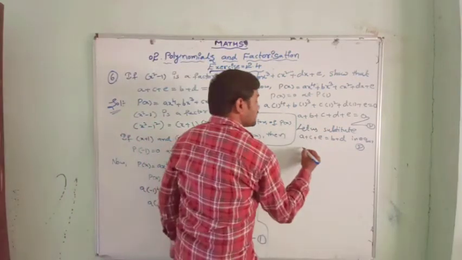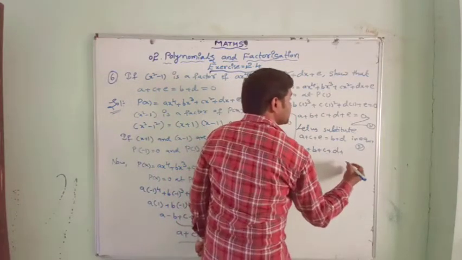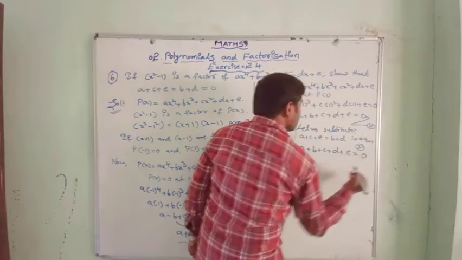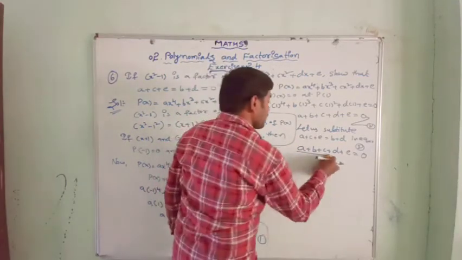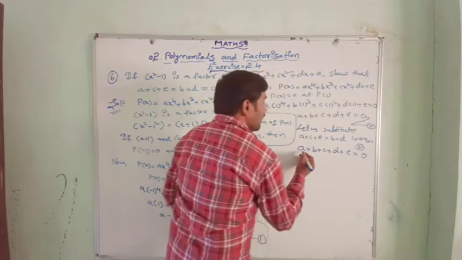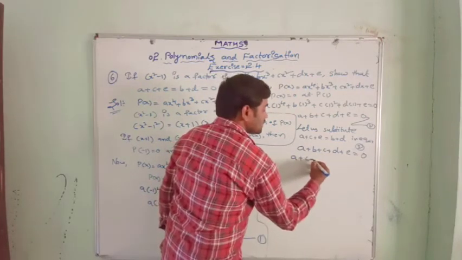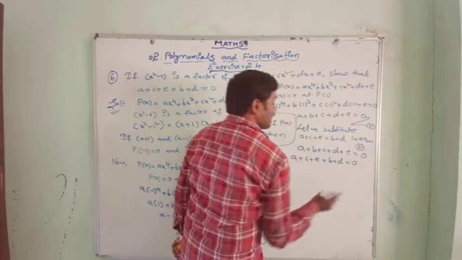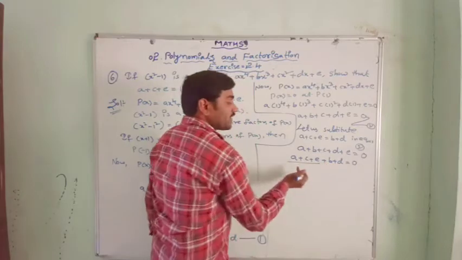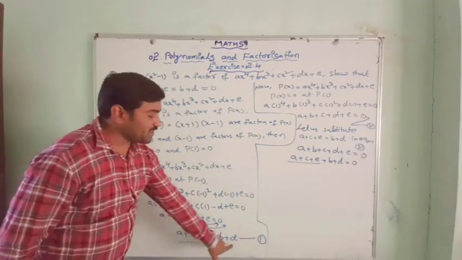What is equation number 2? Let's write a plus b plus c plus d plus e equal to 0. I am going to rewrite it so that all terms are plus terms. So a plus c plus e plus b plus d equal to 0, right? So these three are written together, because from equation number 1, a plus c plus e equal to b plus d, no?